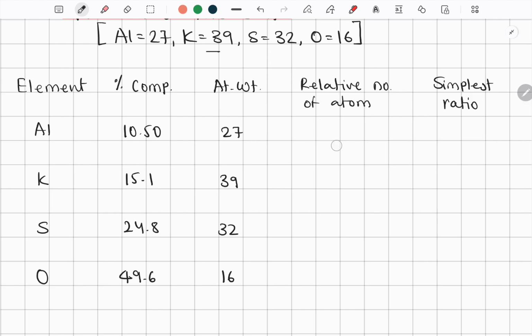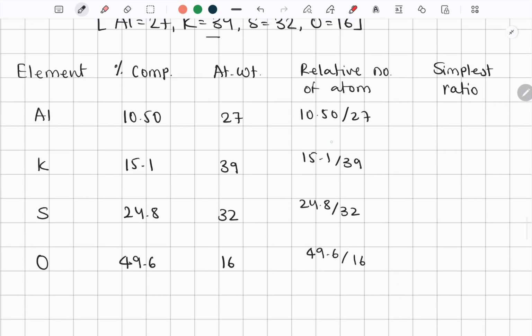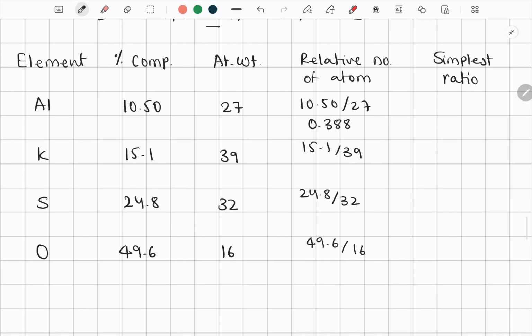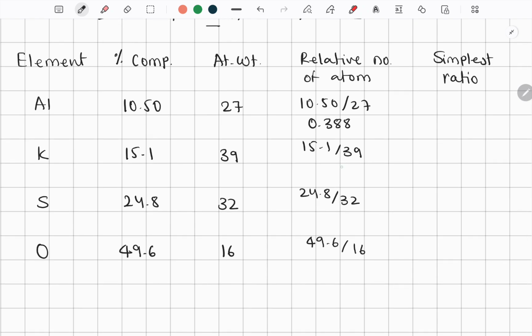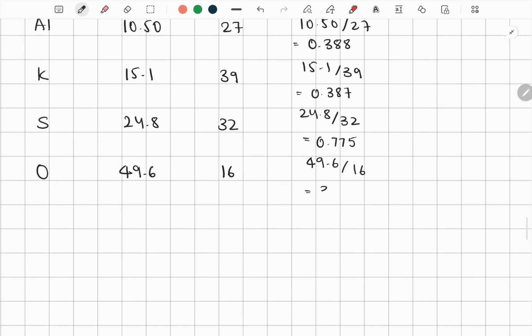We divide 10.50 by 27, 15.1 by 39, 24.8 by 32 and 49.6 by 16. 10.50 divided by 27 gives 0.388, 15.1 divided by 39 gives 0.387, 24.8 divided by 32 gives 0.775, and 49.6 divided by 16 gives 3.1.